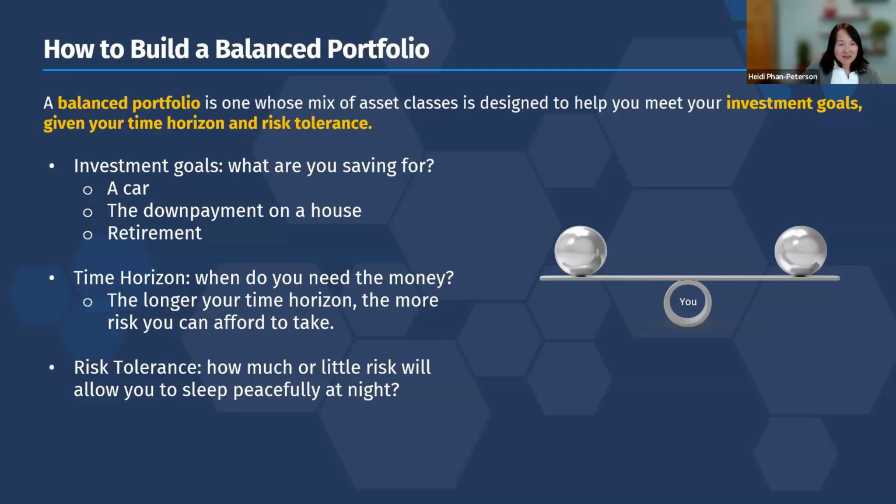I have this image here where on the left side is a sphere that would represent the riskier investments like stocks and commodities or other alternative investments. And on the right side, this sphere represents the conservative investments like bonds and CDs and cash, and this is you here in the middle.